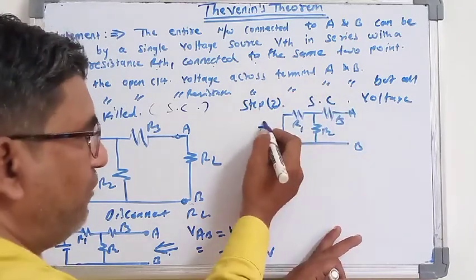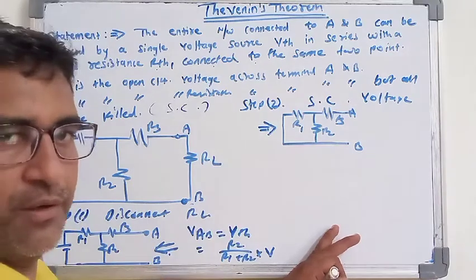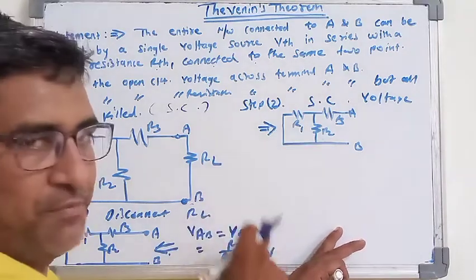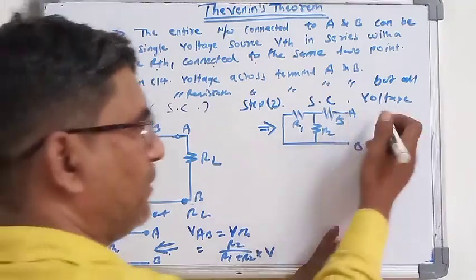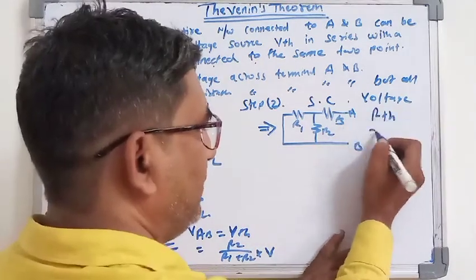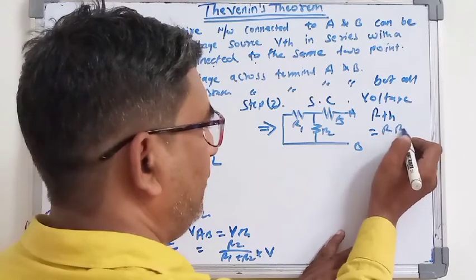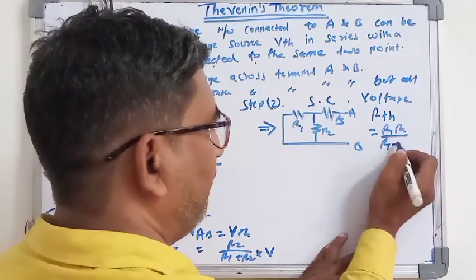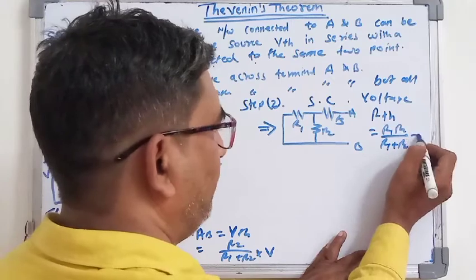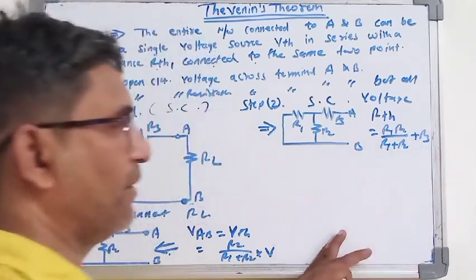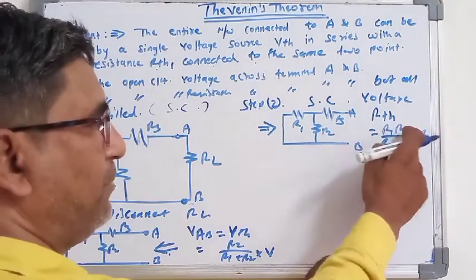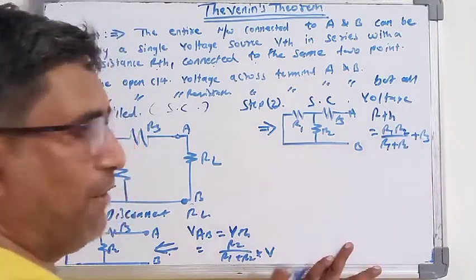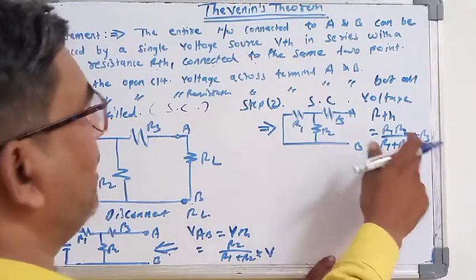Just by observing from this side, R1 and R2 are in parallel, in series with R3. So RTH is equal to R1 into R2 divided by R1 plus R2, plus R3. So the Thevenin's resistance is R1 into R2 divided by R1 plus R2, plus R3.